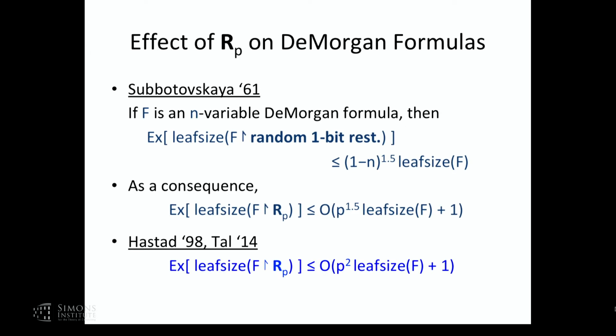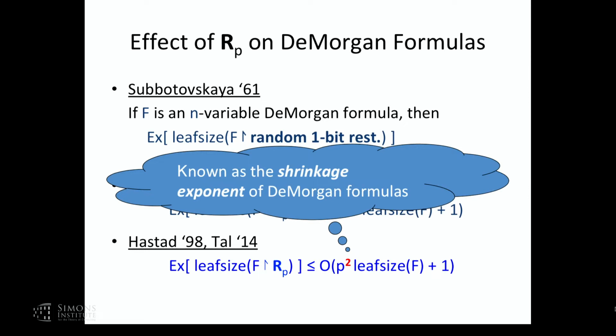And there is a long sequence of works which were improving this exponent 1.5 all the way to 2, which is actually optimal. A slightly weaker version of this bound was shown by Hastad. In this form it was proved by Avishai a few years ago. And so this 2 is known as the shrinkage exponent of De Morgan formulas.